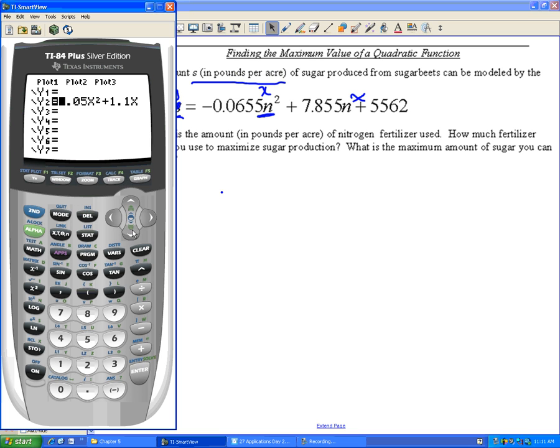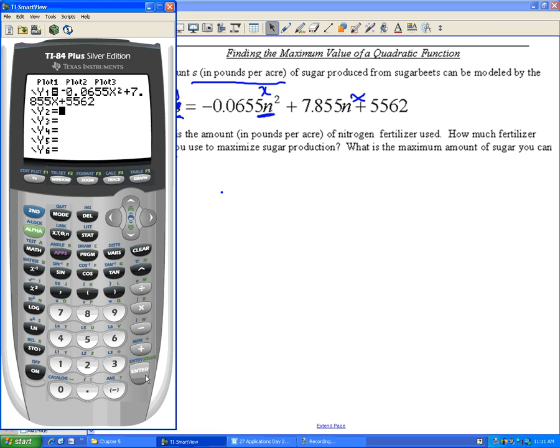I'm going to put in a new equation. So Y1 is equal to negative 0.0655 X squared, because it's taking the place of the N, plus 7.855 X, because it's taking the place of the N, plus 5,562.